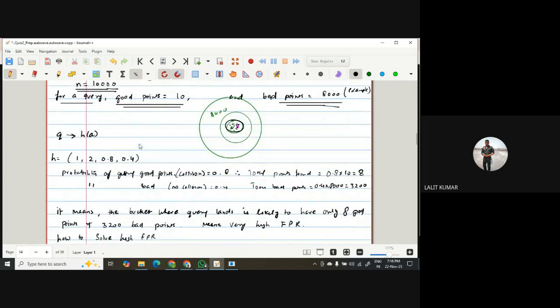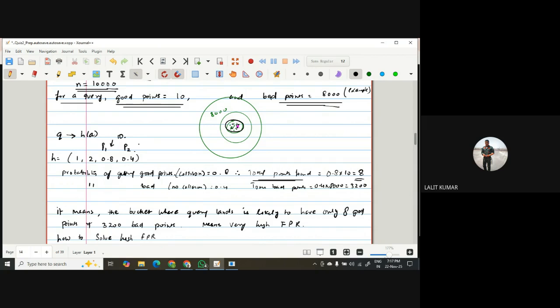Now, the hash function has probabilities 0.8 and 0.4. It means that for P1, for 10 good points, it is likely that 8 points will be in that bucket. So the total good points found in that bucket will be 8. But for P2, there are 8,000 bad points.